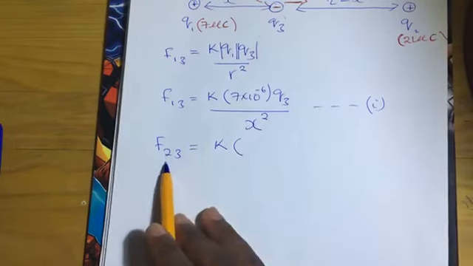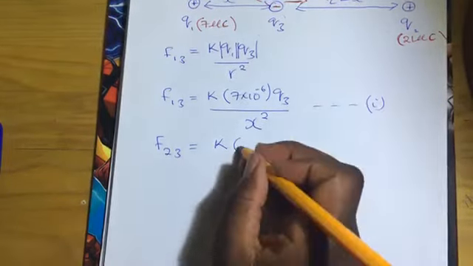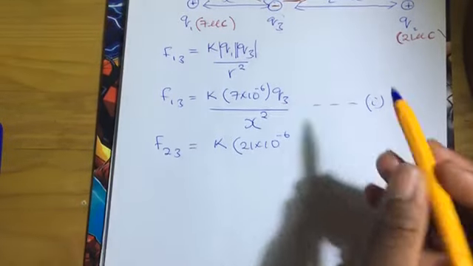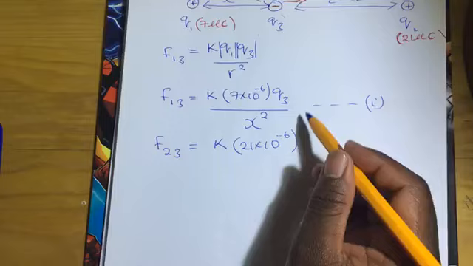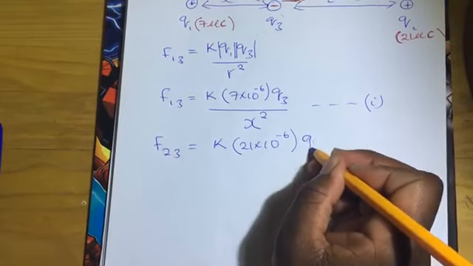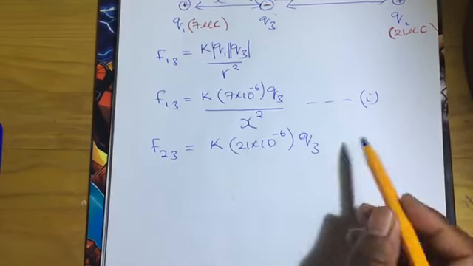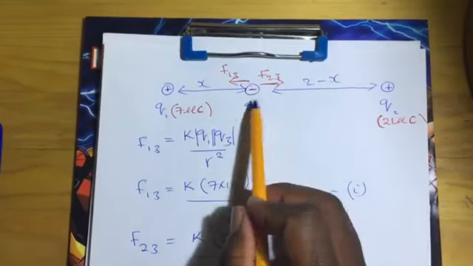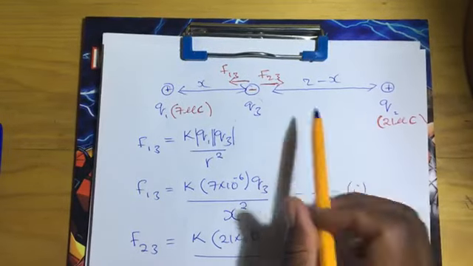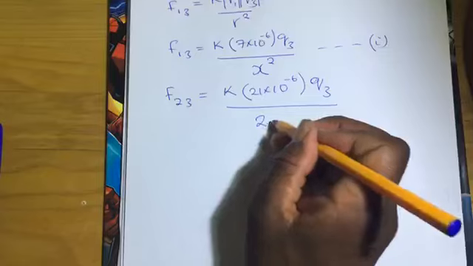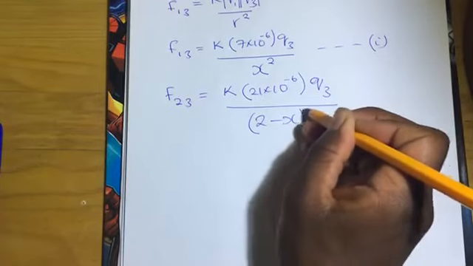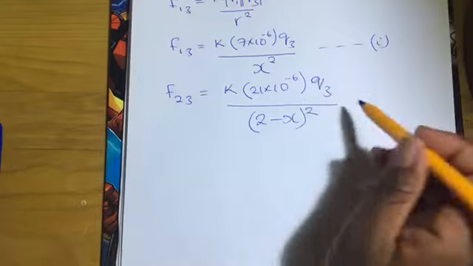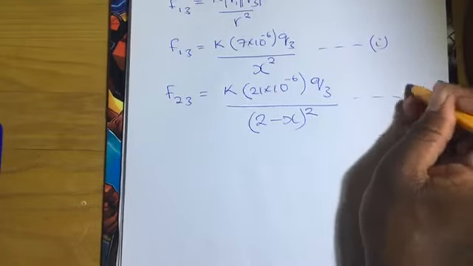So K, F23, that is going to be 21 times 10 to the power negative 6, and then this is going to be Q3, divided by the separation distance between Q3 and Q2, which is going to be 2 minus x. Careful, 2 minus x. This should be squared. So this is going to be expression 2.